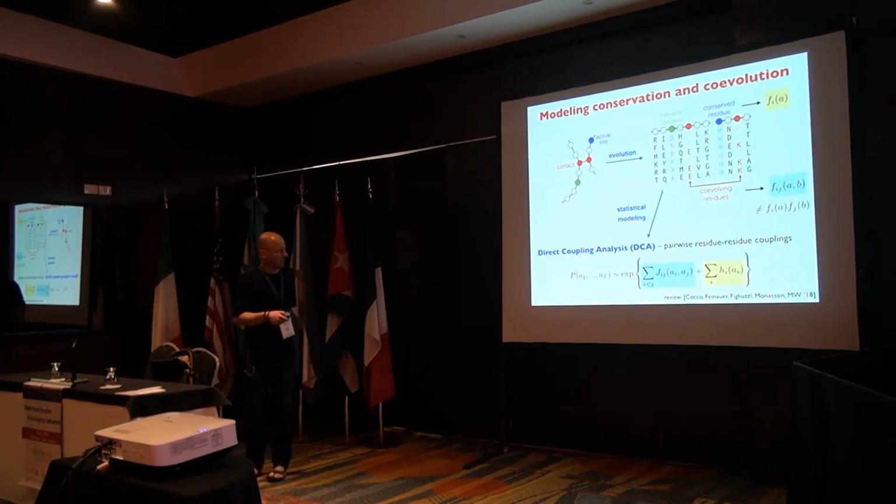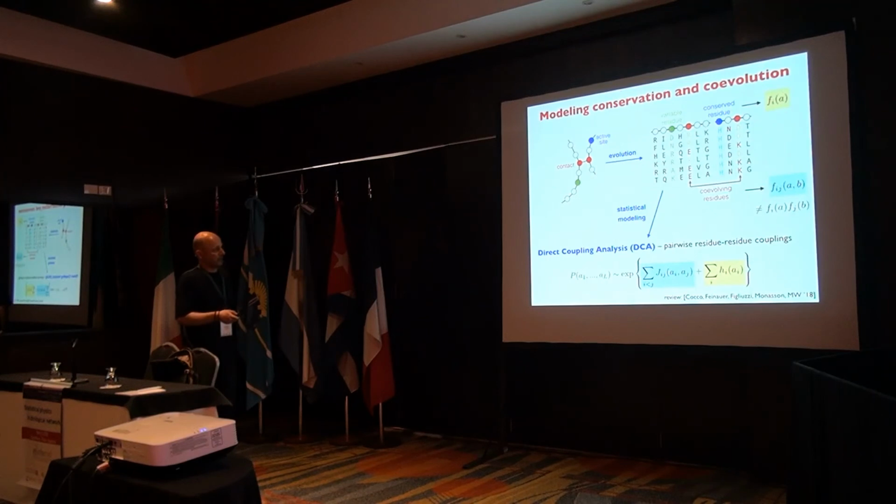So basically the fraction of sequences using some pair AB is different from the fraction of sequences in the first protein using A and the second protein using B. So there is some correlation. Here RD would be 50%, and it's different from 50% times 50%. Okay, and this can be put again into a model which is very similar to what we have seen before.